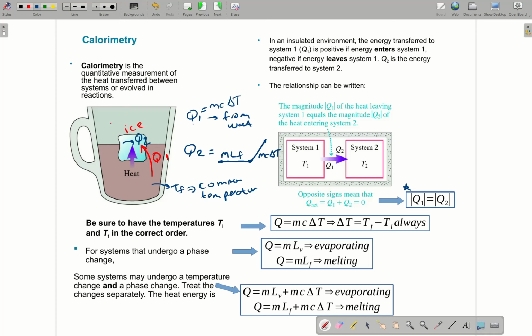So given equals taken, but calculating it will be different. We'll use appropriate equations, and delta T is taken as T final minus T initial. Given heat is equal to taken heat. One is plus, one is minus, right? One loses heat, one gains heat. So when we add them, we'll get 0. That's one thing we can use. Or their absolute values being always the same is another thing we can use.